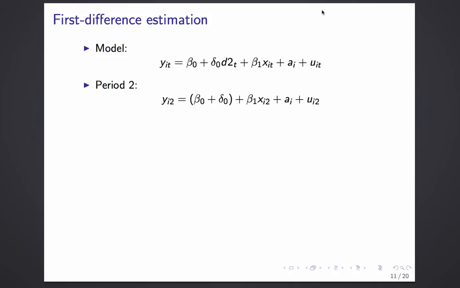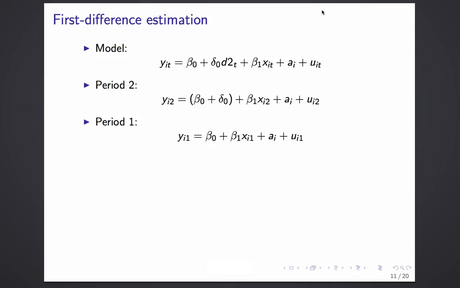But this is the model as it looks for the second period. Similarly, for period 1, we have the following equation. So on the left-hand side, the dependent variable y is here indicated by subscript 1, meaning that we have observations from the first period, and then on the right-hand side, we have basically the same as above, with the exception that here the intercept is just equal to beta naught.